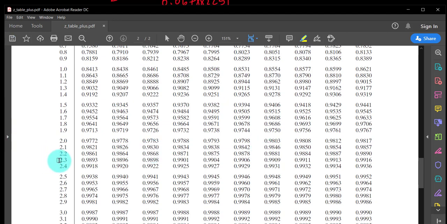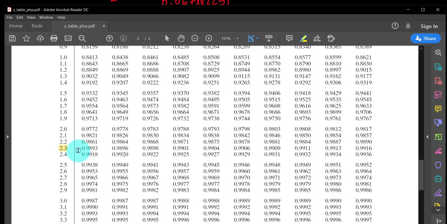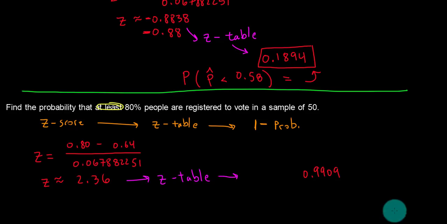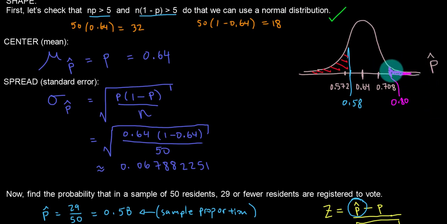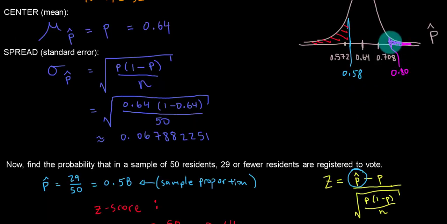I'm going to go to 2.3 and I'm going to start counting columns 0, 1, 2, 3, 4, 5, 6. The probability that we need to extract from our z-table, 0.9909. But that can't be the answer, right? Because we need the at least probability. And that's why these pictures can be so valuable, because we have seen that we need to look at that right side. And there's no way that this area in pink can be a 0.99.